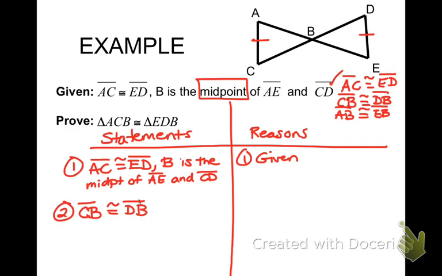Yeah, so if B is the midpoint of CD, then isn't it true that CB is congruent to DB? Yeah, so my reason for that is if midpoint, then two congruent segments.